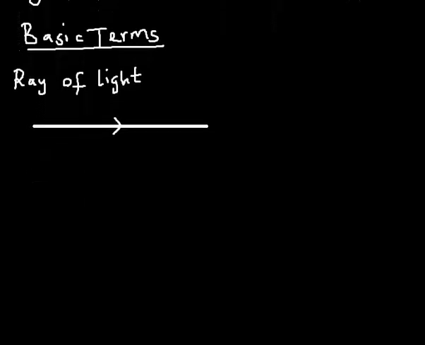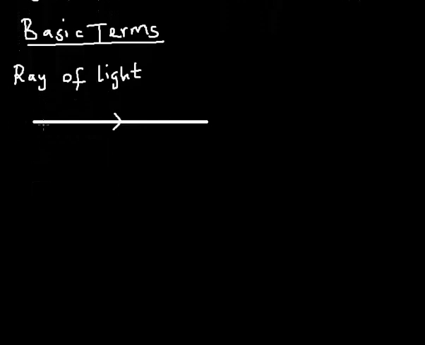If the light is coming from a very large source, then we don't just use one line. Rather, we represent that by what is known as the beam of light.